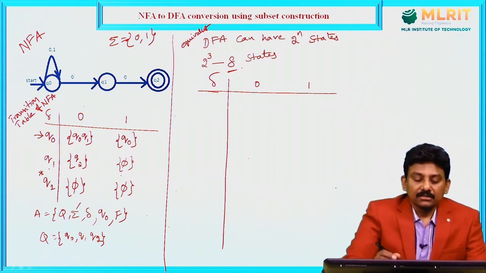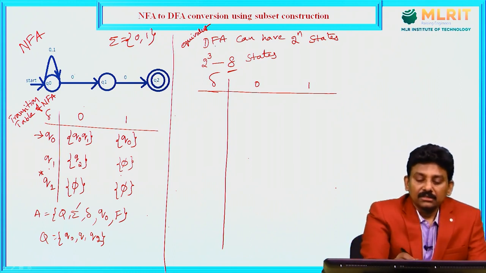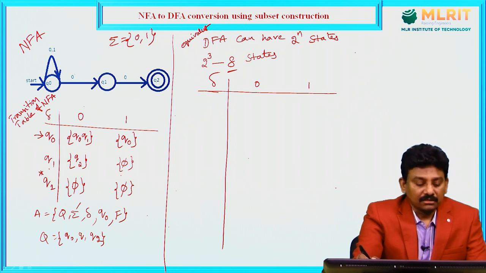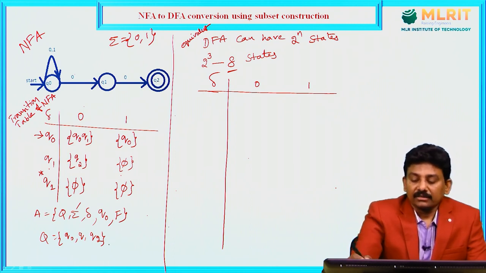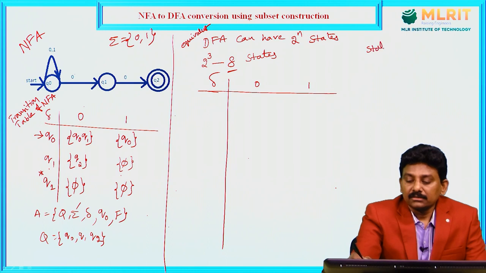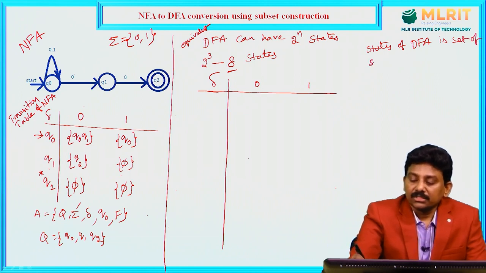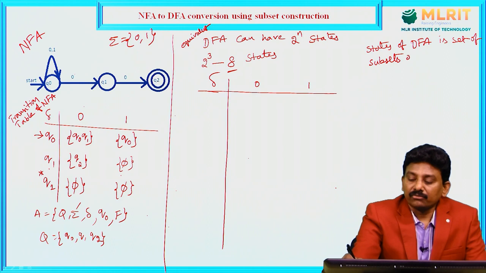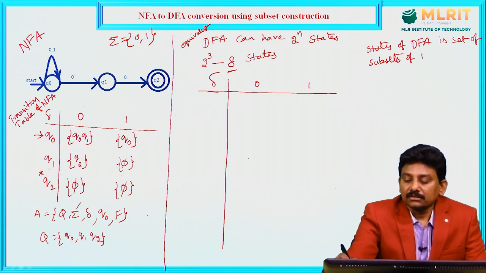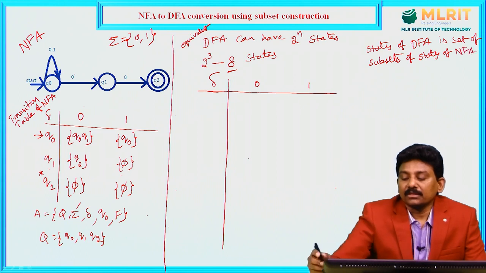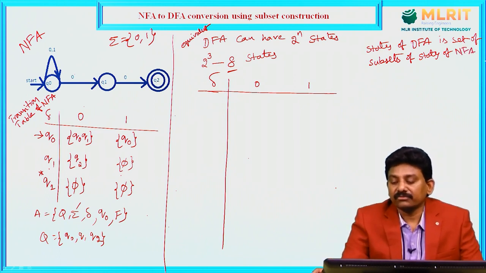The states of the DFA are the set of subsets of states of the NFA.